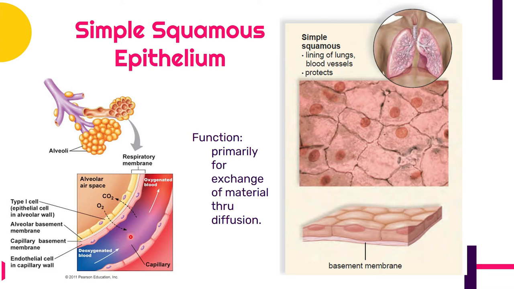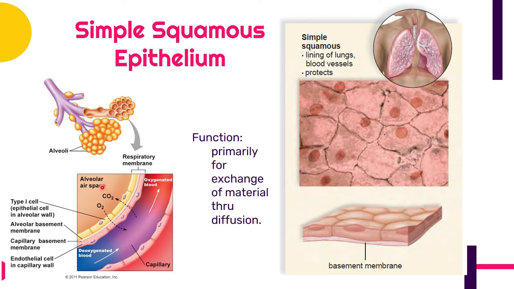And then, the blood in our capillary also carries carbon dioxide. That carbon dioxide carried by the blood will diffuse from the capillary to the alveoli or air sacs.